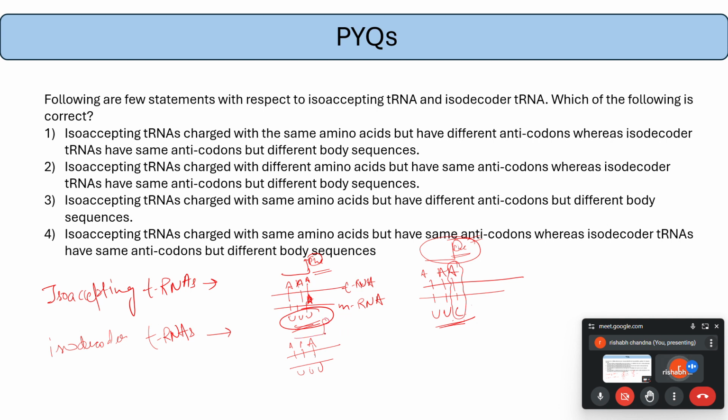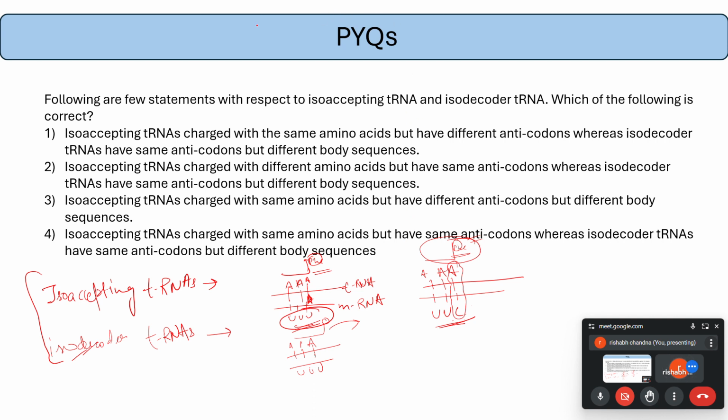So other than the anticodon loop, the other base pairs will be different as compared to the other tRNA. Okay, so these are the two types of tRNA that have been studied in the cell. One is the iso-accepting tRNA and the other is the isodecoder tRNA. Okay, so we'll search for the correct options based on the description that I have given.